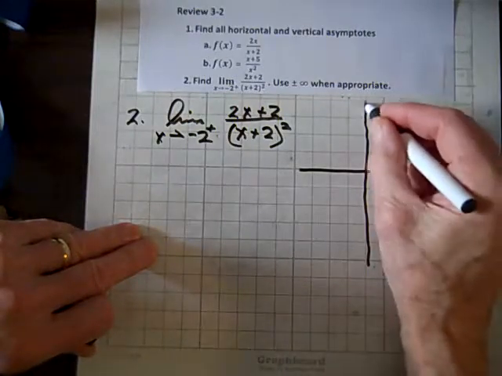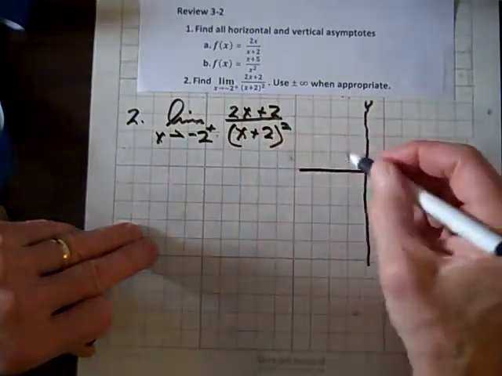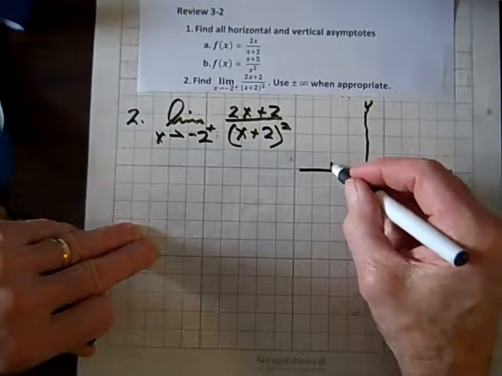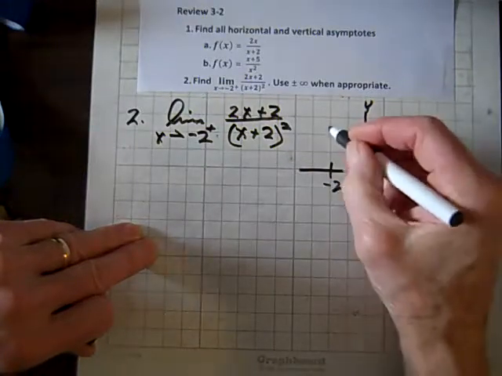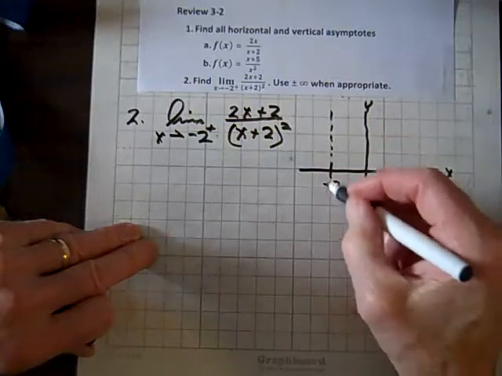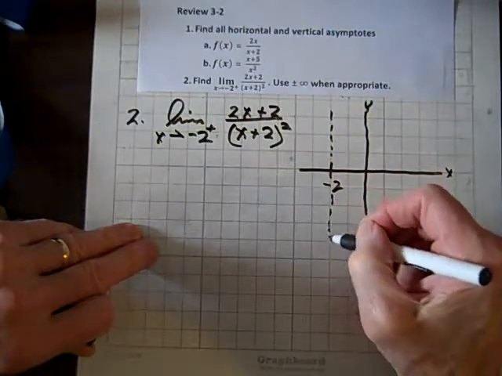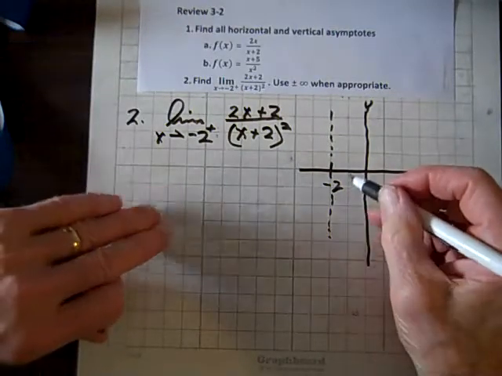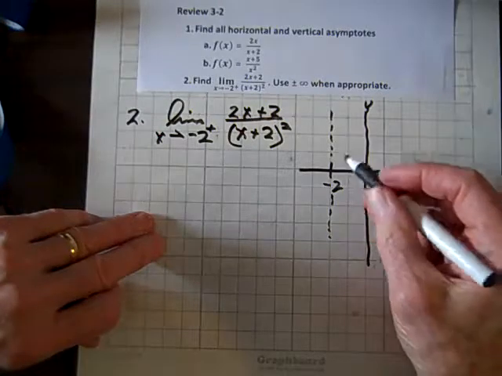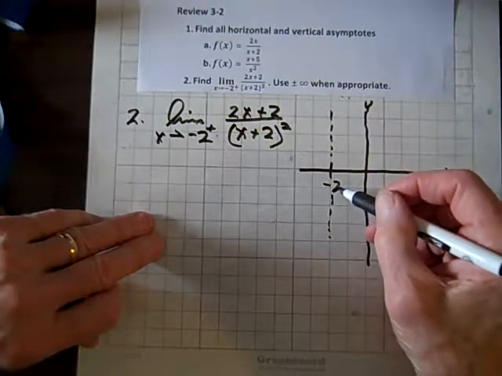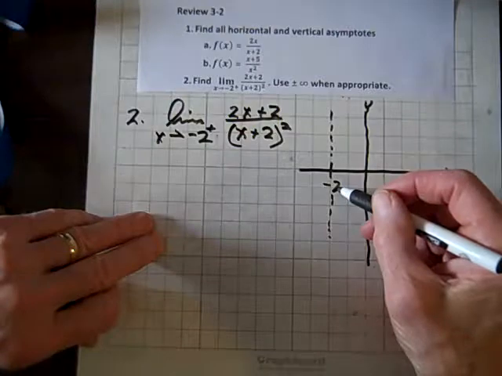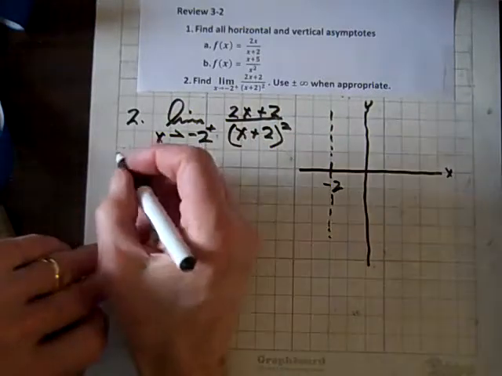And clearly we have a vertical asymptote at x equals -2. And we want to know the behavior of this graph as x gets increasingly closer to -2 from above.